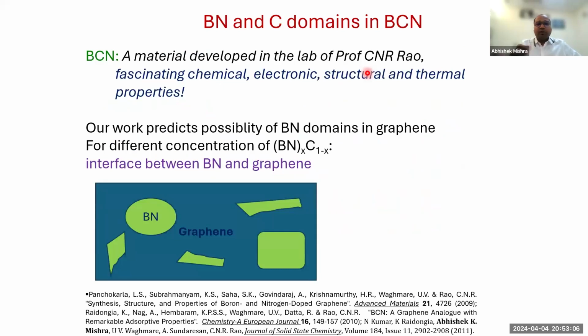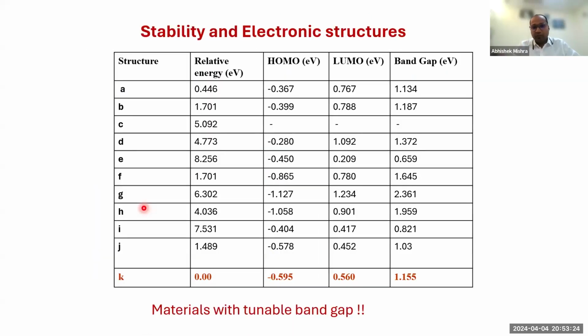You have different electronic structures by mixing in different concentrations and configurations, and the bigger the domains of your graphene in the nitride, or vice versa, the more stable the materials, and you have tunable bandgap materials in this direction.